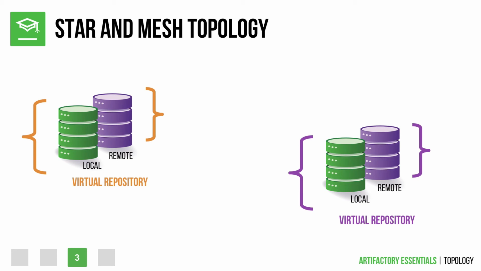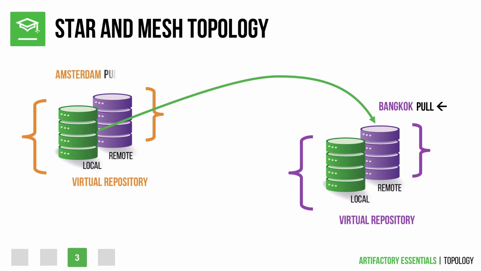A good way to set this up is to have each site manage a virtual repository that includes a local and remote repository. Each site can only write to its own local repository, while the remote repository is populated by using a replication from the local repository on the other site. So the remote repository in Bangkok pulls from the local repository in Amsterdam, and Amsterdam does the reverse of that.